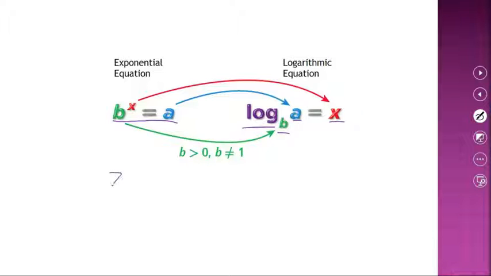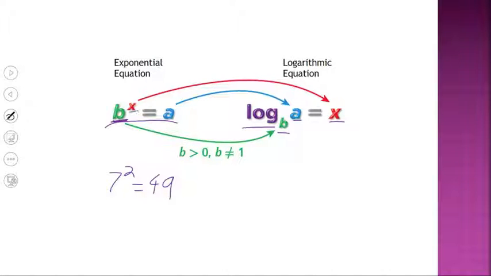So let's say I have 7 to the second power equals 49. We know that's true, right? 7 squared is 49. In this case, I've made 7 my b value, 2 the x value, and 49 the a value.